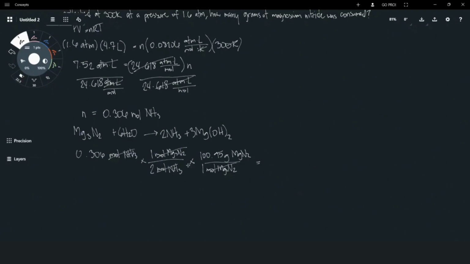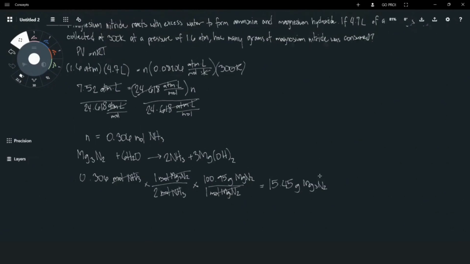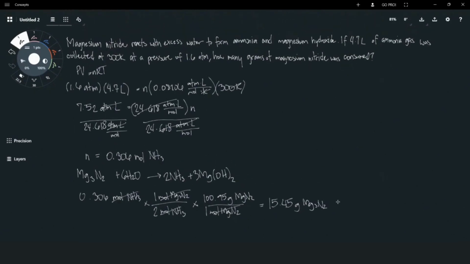And the final answer to this equation of 0.306 times 1 half times 100.95 is 15.45 grams of magnesium nitride. Or taking the significant figures into account, we have the lowest significant figure of 2, so that would be 15 grams of magnesium nitride.